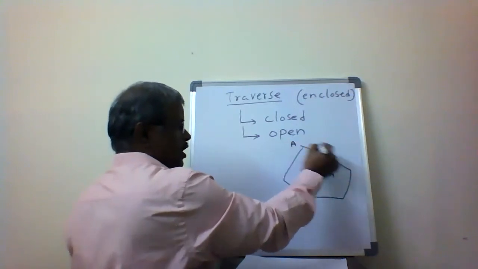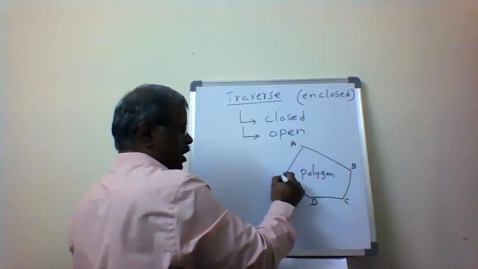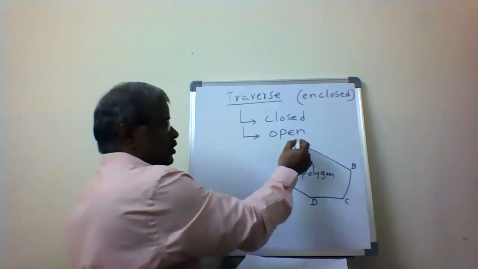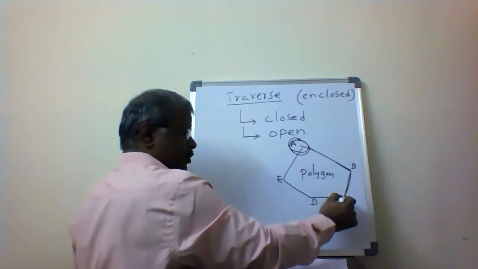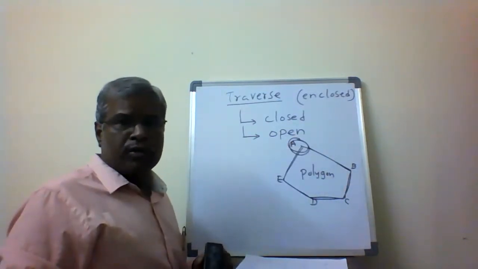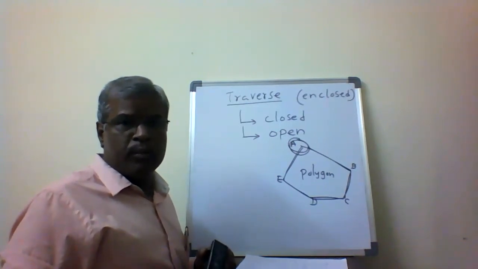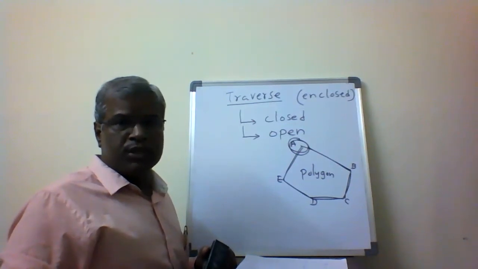This is A, B, C, D, E, and A. Your starting station point is A, and you go from A to B, B to C, C to D, D to E, and E to A. Once again you join back, so the starting point and your end station will be the same station point.